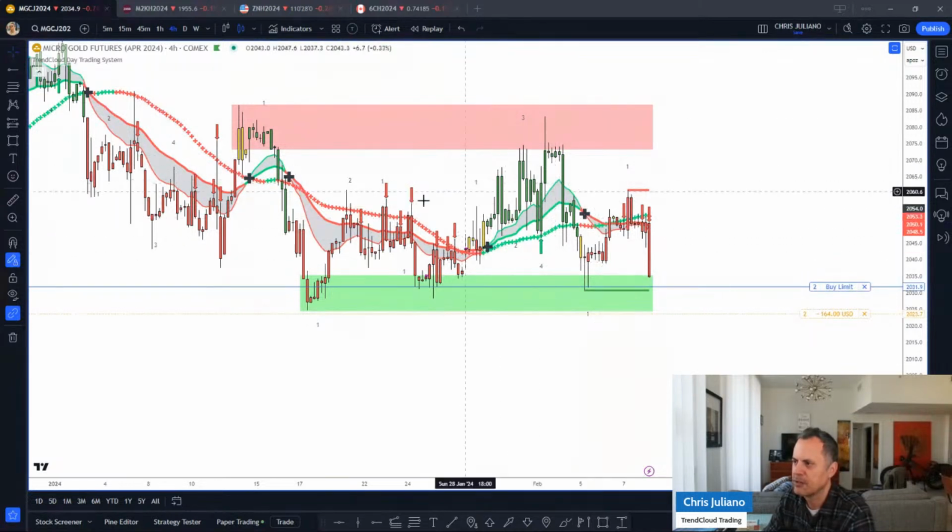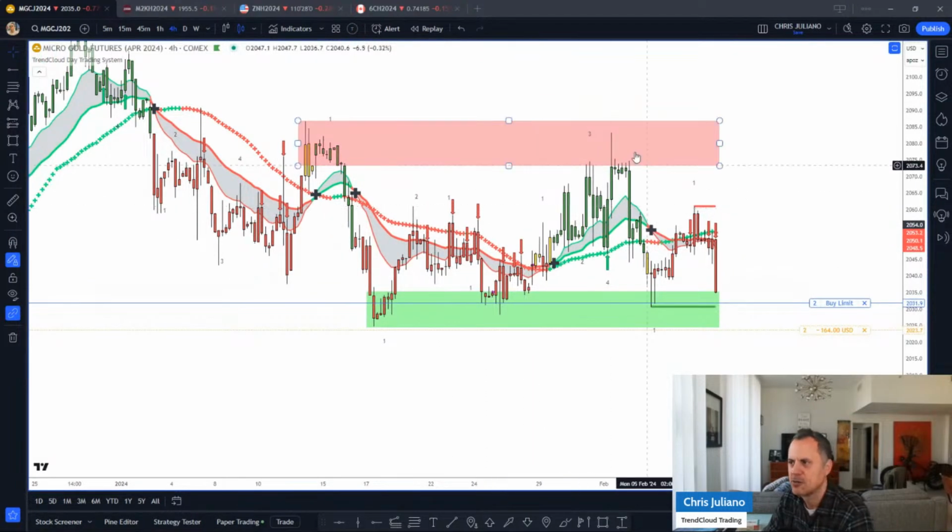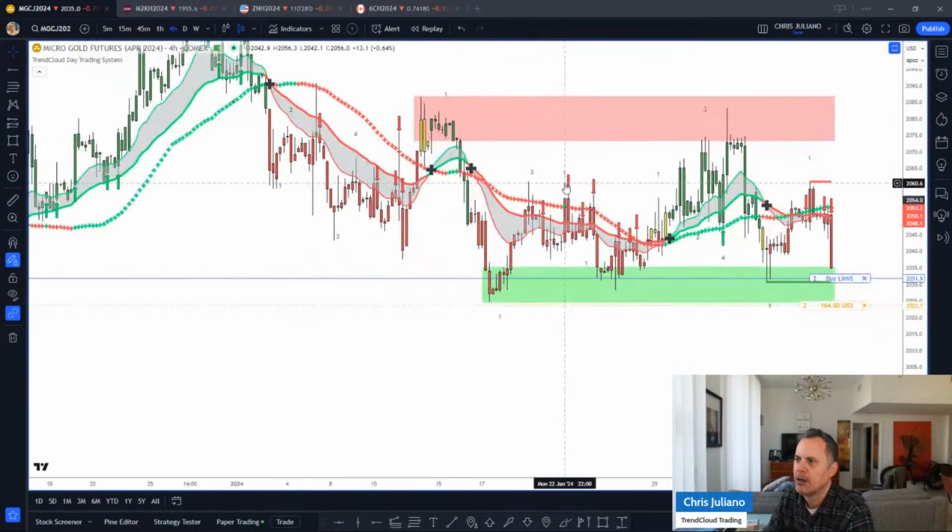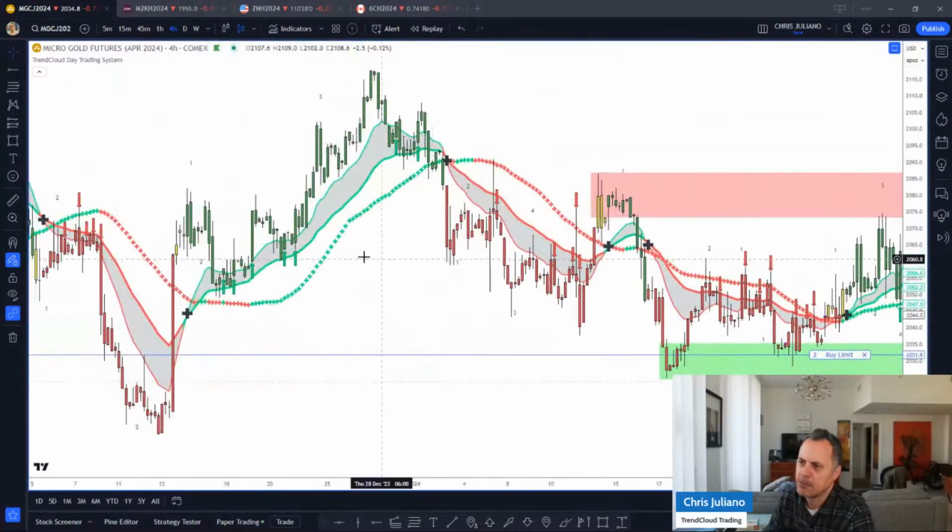So there's no way to follow something like that on a momentum-based indicator like Trend Cloud. In this situation on gold, it broke to the upside, pulls back, finds that support level, and starts moving forward, okay?